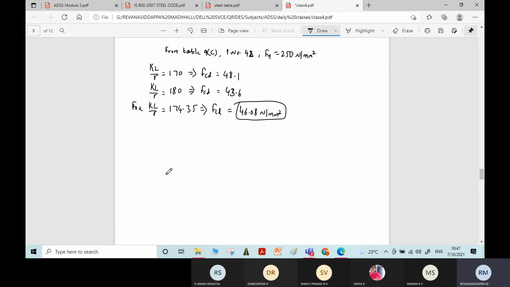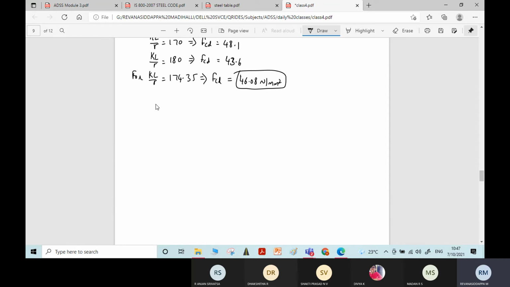Now you find the area of cross section of web which is subject to web buckling. AB is equal to, what is the formula? It is B1 plus N1 into TW.